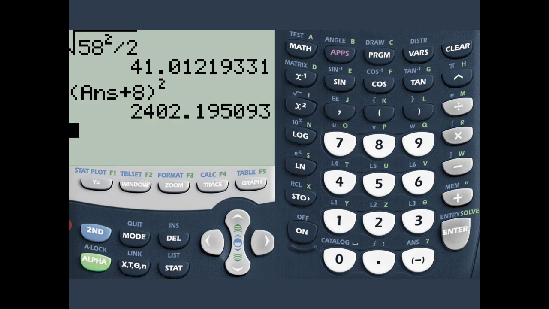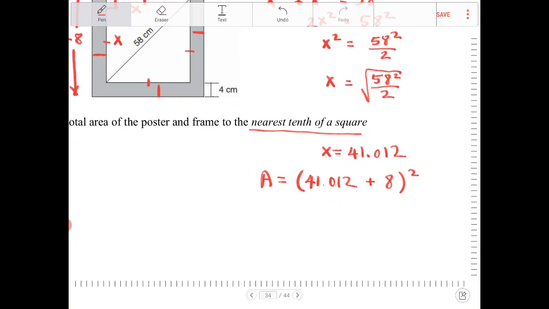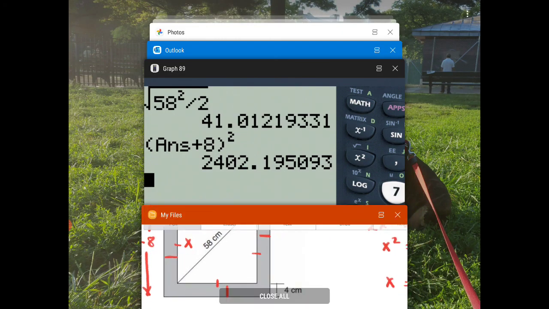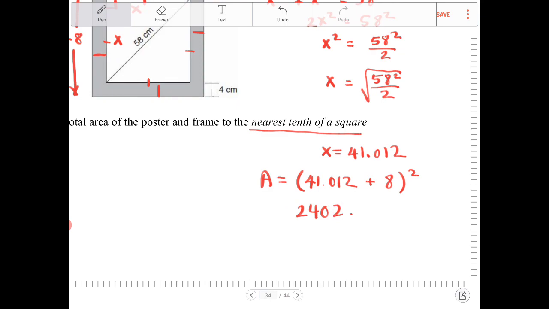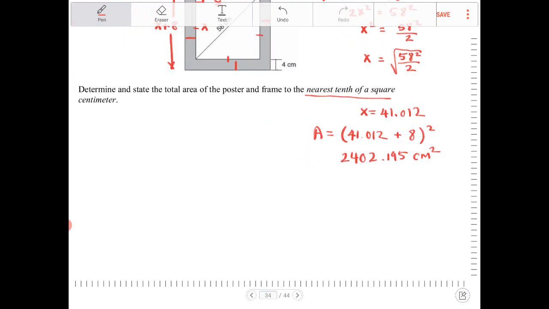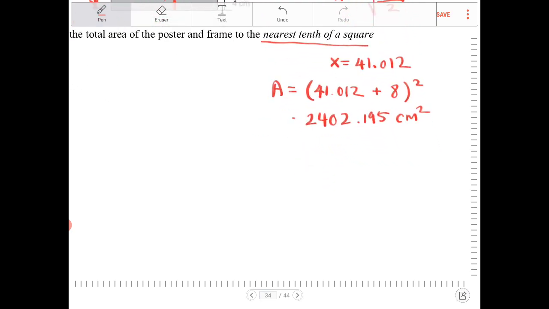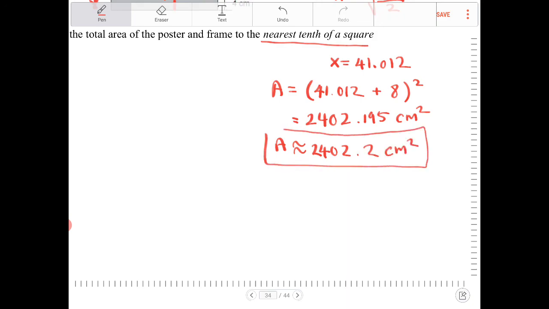So I end up with 2402.195 centimeters squared. But it says to round to the nearest tenth of a square centimeter. So the area is approximately equal to 2402.2 centimeters squared. So this is the final answer.